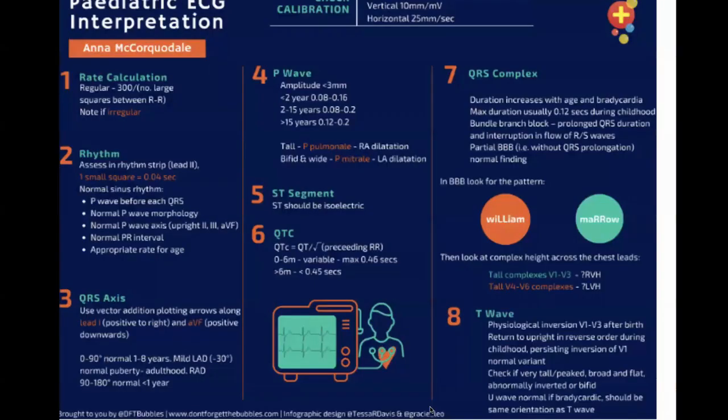So here is a little cheat sheet that I found on the Don't Forget the Bubbles website. This cheat sheet is also available in our ED protocol book. It highlights the important steps that we have discussed during this talk that need to be taken to interpret a pediatric ECG correctly.